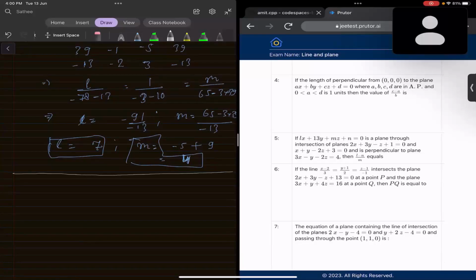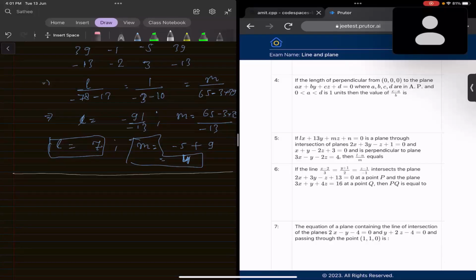We know that our plane is passing through these two planes, 2x plus 3y minus z plus 1 equal to 0 and x plus y minus 2z plus 3 equal to 0. So we can say that any point that lies on both planes will also lie on this plane, because it is passing through the intersection of these two planes.